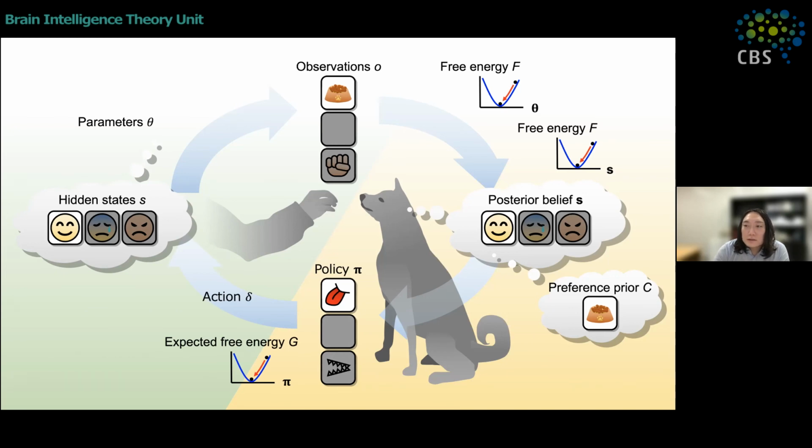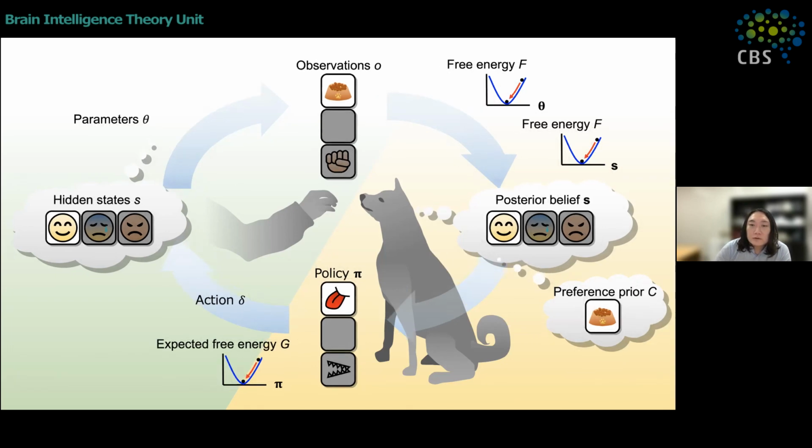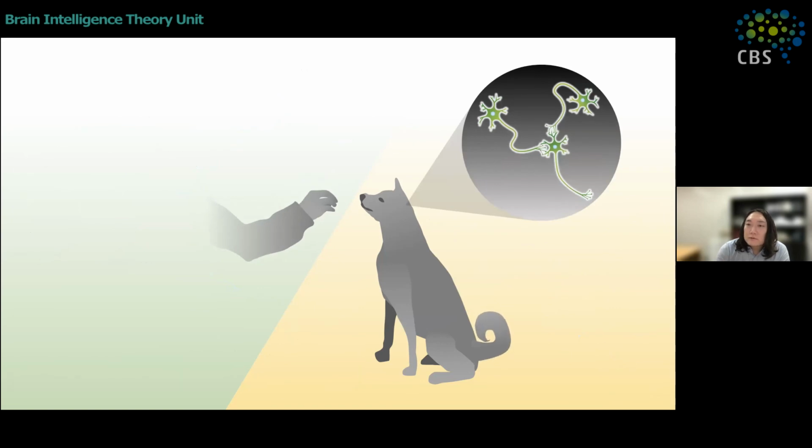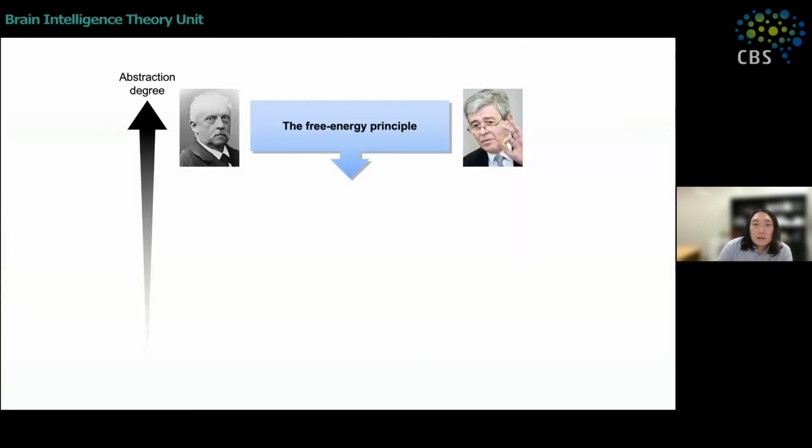However, this is still an abstract theory, and the important question is, what is the neuronal substrate that underlies this theoretical framework? So we would like to address that part. In other words, the free energy principle is a theory with high abstraction, and its neuronal substrate is still unclear, but there are other theories in neuroscience that account for the more microscopic level.